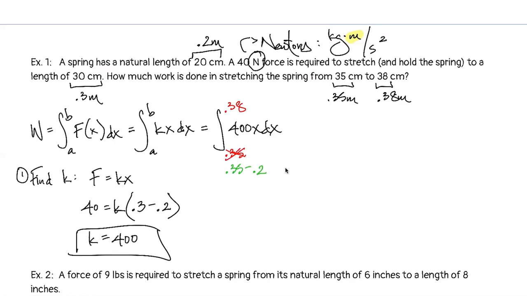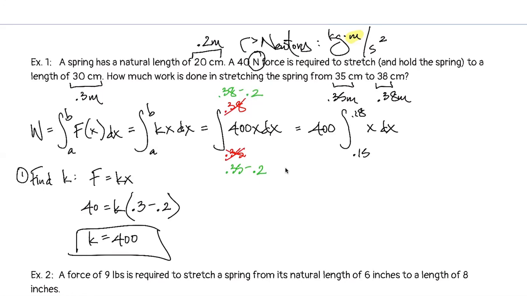Same thing with this 0.38. We don't want 0.38, we want 0.38 minus 0.2. We want how far it stretched from the natural length. And so that gives us 400, the integral of 0.15 to 0.18 of x dx.